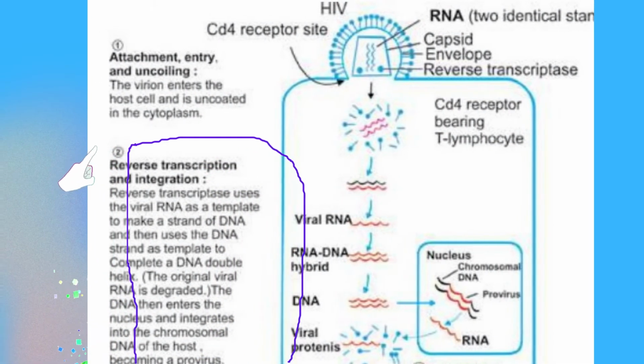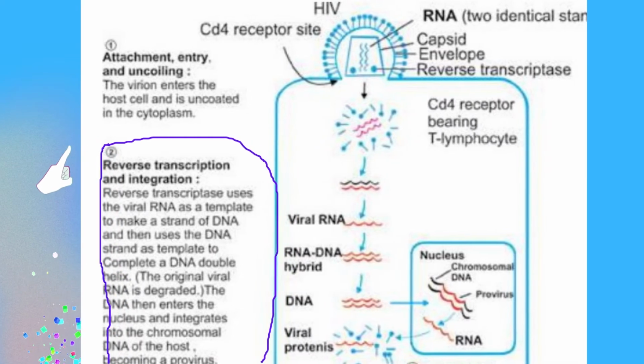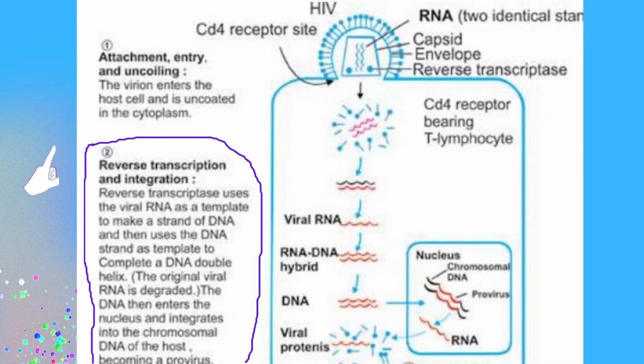Second step, reverse transcription and integration. Here, reverse transcriptase, that is the enzyme, uses the viral RNA that entered the T lymphocyte as part of HIV as a template to make a strand of DNA from RNA. Then it uses the DNA strand as a template to complete a DNA double helix, because DNA always exists in double helical form.